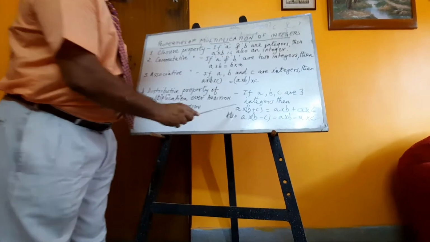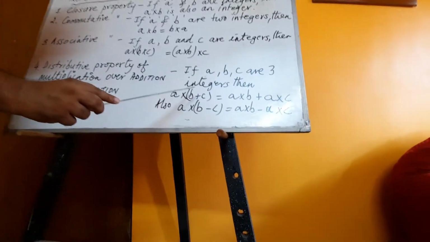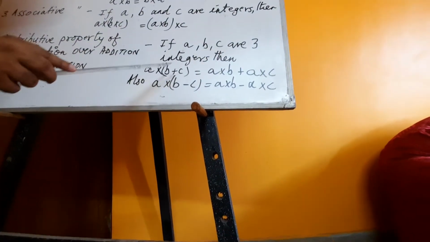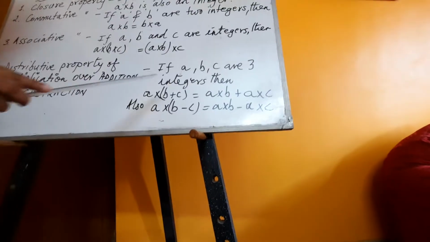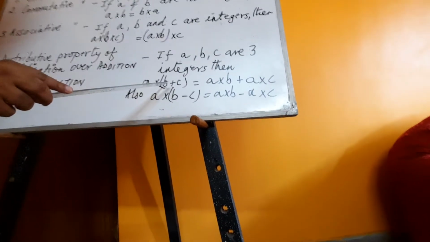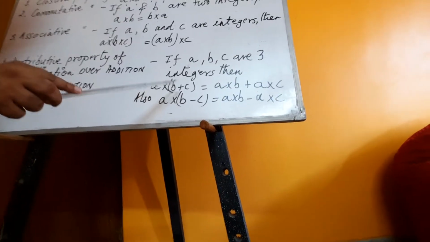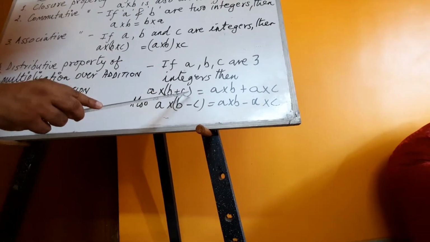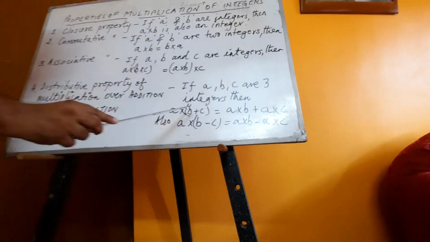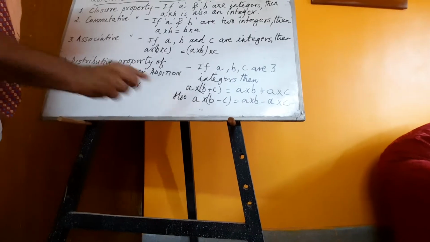We only have two integers in the bracket, one represented by B and another represented by C. So if this is 2 and this is 3, that is 5.